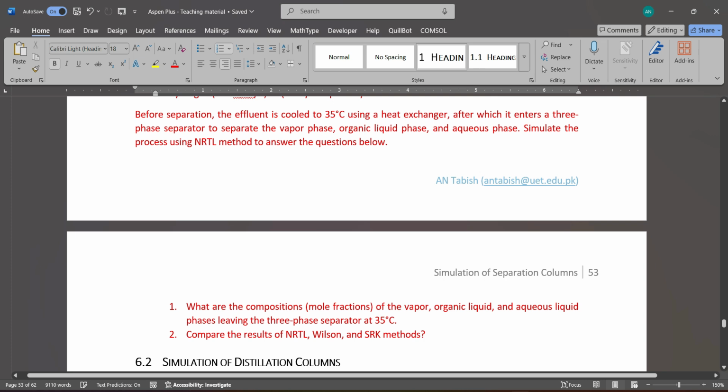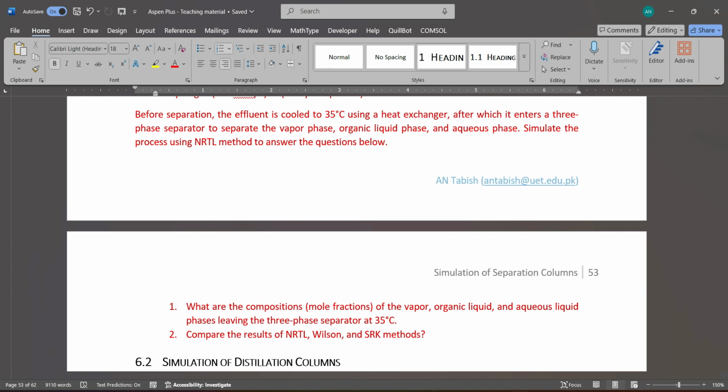We already know that the Wilson model is not good for liquid-liquid equilibrium calculations. However, let's still exercise this to prove the hypothesis. And SRK is an equation of state model, and the equation of state model is also not highly effective for non-ideal liquid phases, especially those that form azeotropes or where intermolecular interactions are very strong.